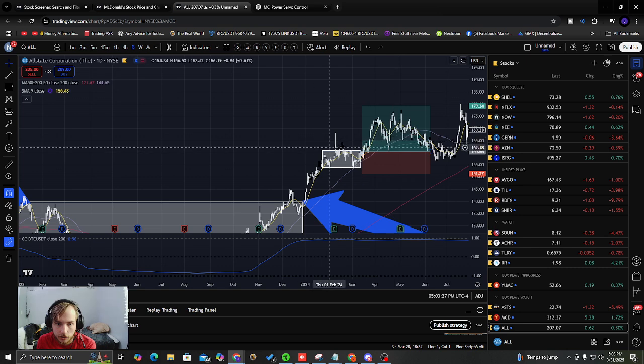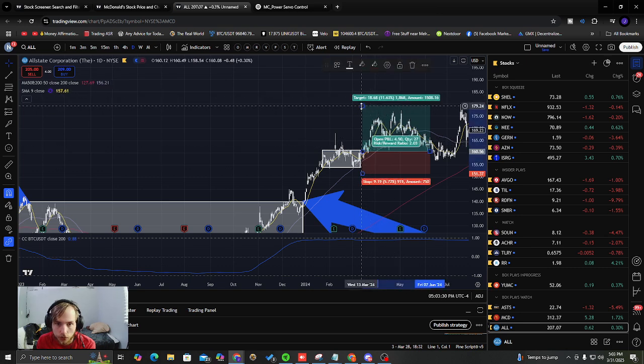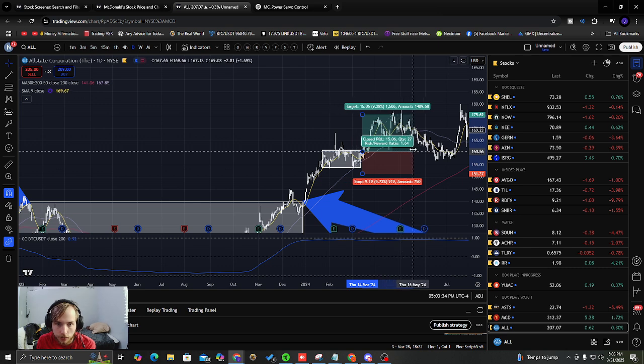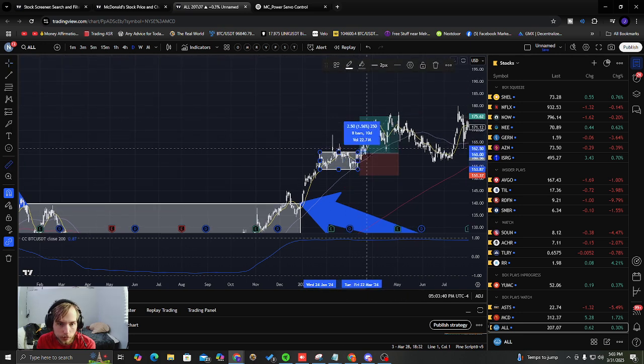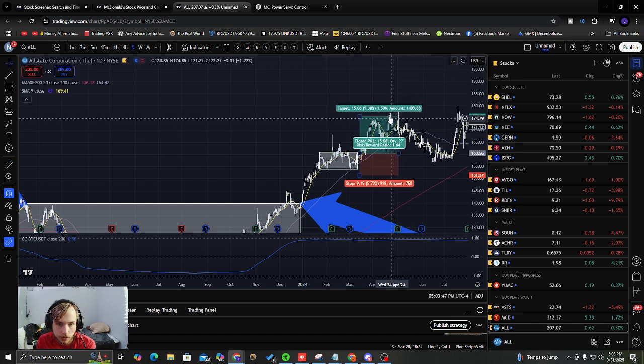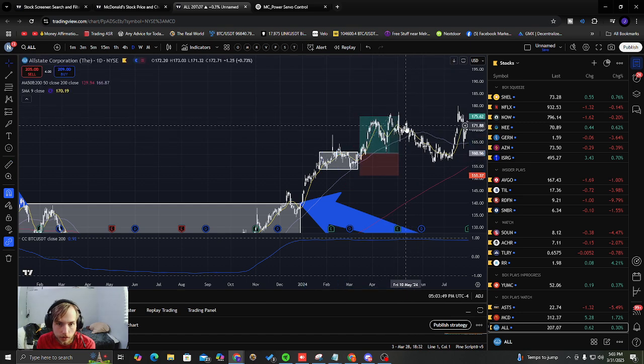So you see that price makes a move up, and then we'd want to last in this trade for around 50 days, which would take us out near the highs here. It would have worked out nicely if you held for the whole 50 days. You would have been at one of the upper ranges here.